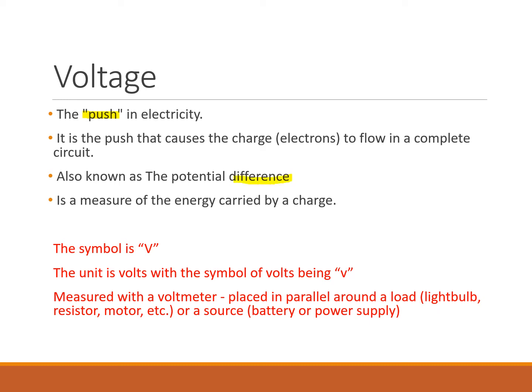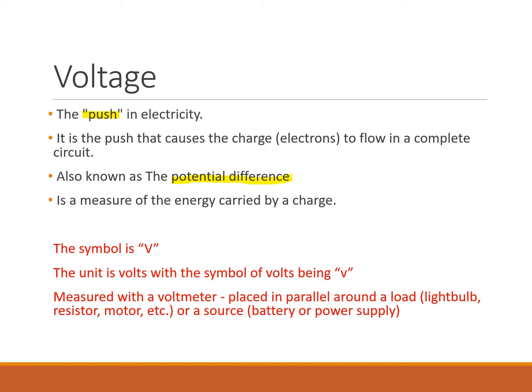Sometimes we call it potential difference. And so you might see these terms used somewhat interchangeably. They're different things, but don't be surprised if you see them both used, okay? And so basically the voltage is supplied by the power source.